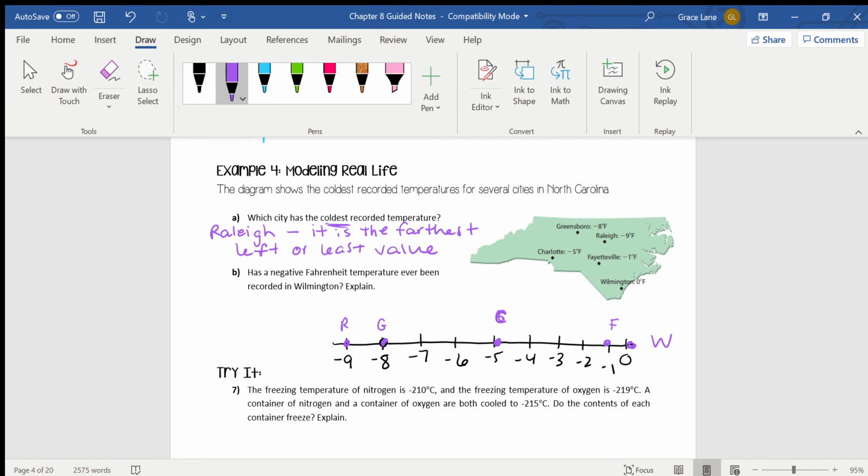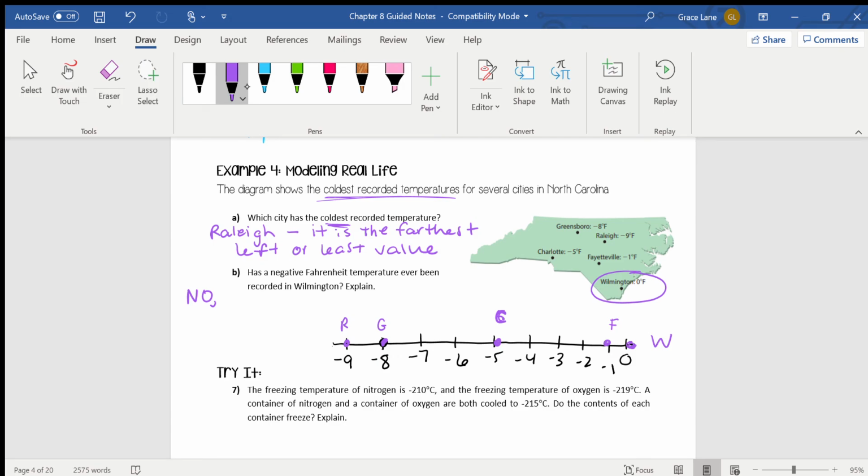Letter B says, has a negative Fahrenheit temperature ever been recorded in Wilmington? You would say no. Wilmington here is at 0 degrees Fahrenheit, and this is showing the coldest temperatures.